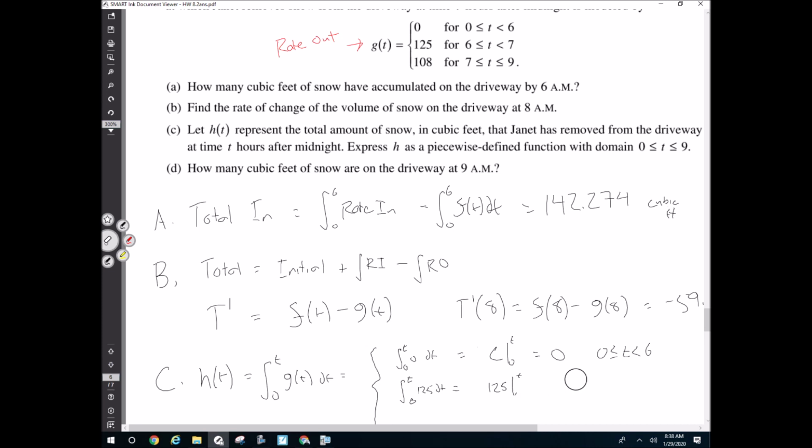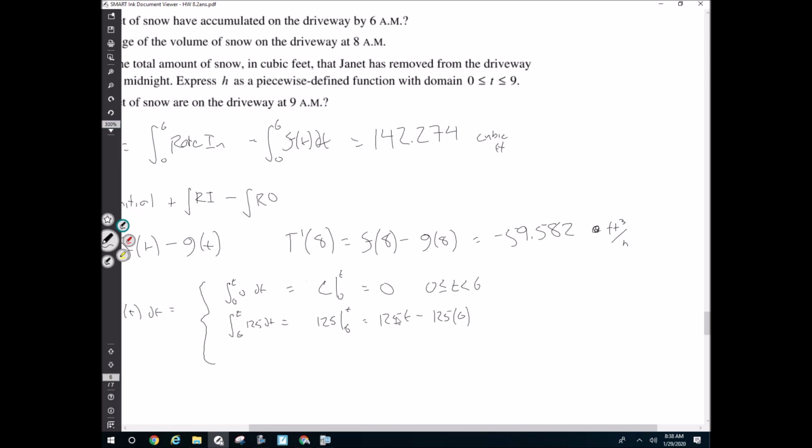So from 6 to t, watch how this will work out. So this would be 125t minus 125 times 6. That ends up being 125 times t minus 6. So that's how you can get that equation without having to figure it out. And this is going to be from 6 to 7.